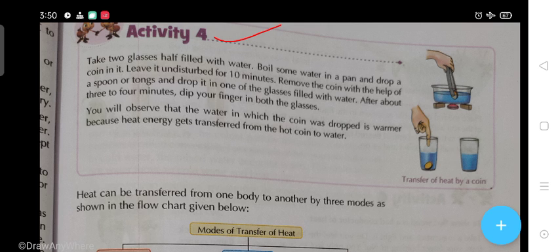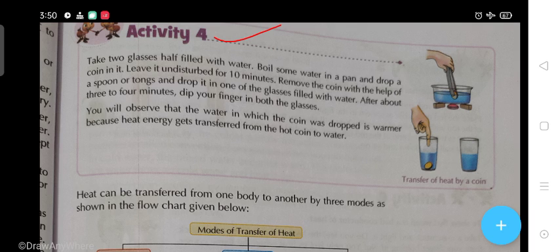Remove the coin with the help of a spoon or tongs and drop it in one of the glasses filled with water, and after about 3-4 minutes dip your finger in both the glasses, and you will observe that the water in which the coin was dropped is warmer because heat energy gets transferred from the hot coin to the water.